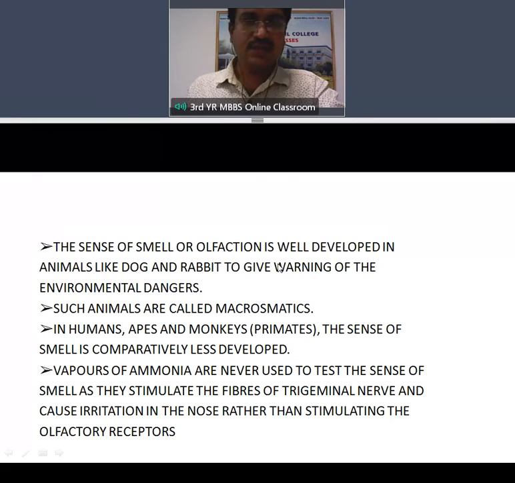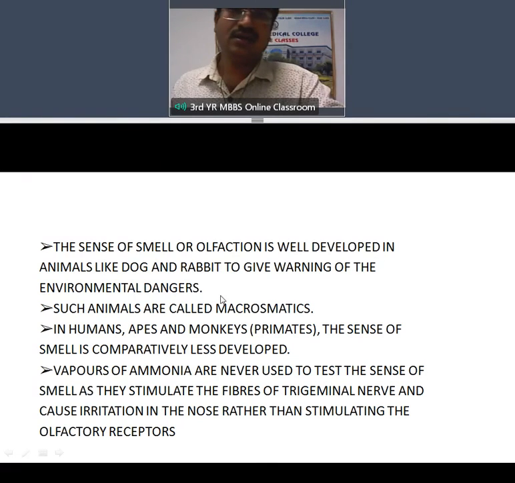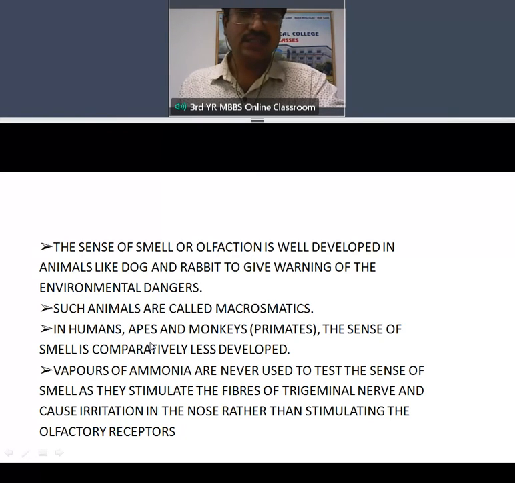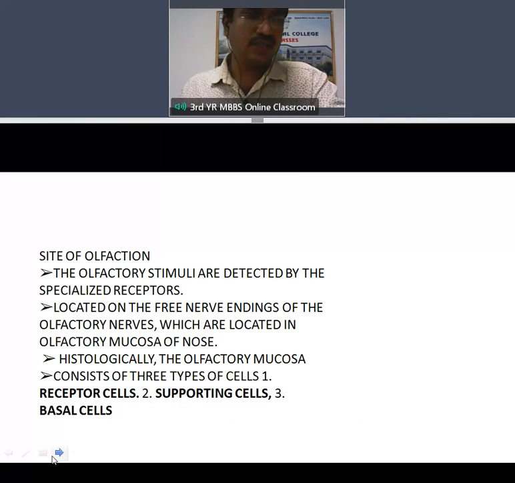The sense of smell or olfaction is well developed in animals like dog and rabbit to give warning of environmental dangers. Such animals are called macrosmatics. In humans and monkeys, the sense of smell is comparatively less developed. So this is also like a protective function to the body.